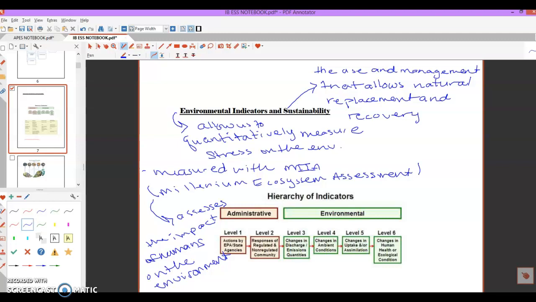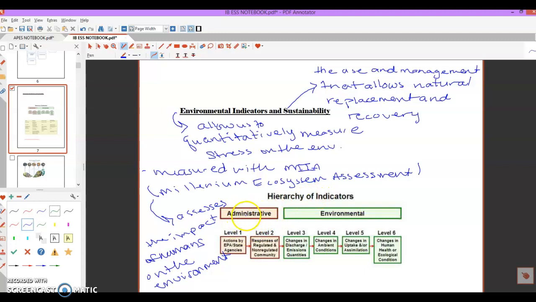Now, when we look at the environmental indicators themselves, there is a hierarchy or different levels of them. The administrative ones right here. Okay, I'm going to change the color of my pen. All right.